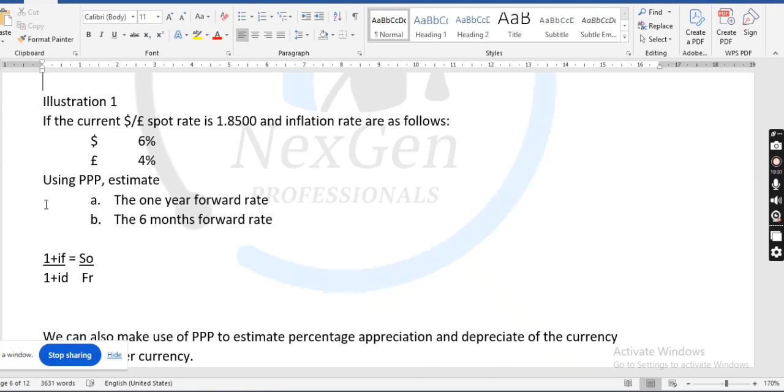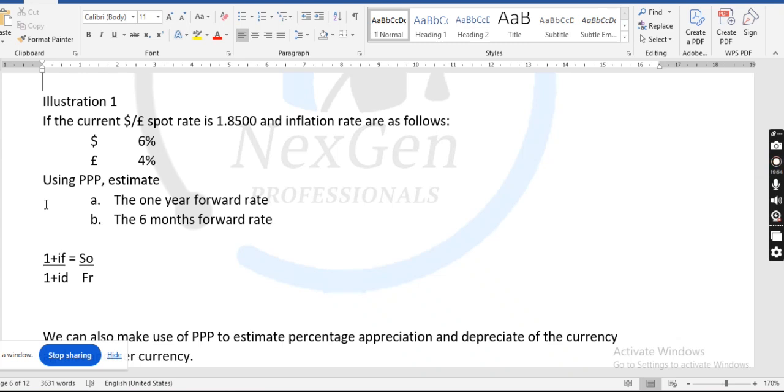And Nigerian currency, don't forget, IF is the foreign currency inflation. ID is the domestic currency inflation. SO is the spot rate.